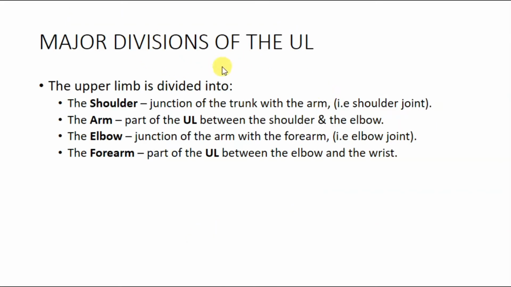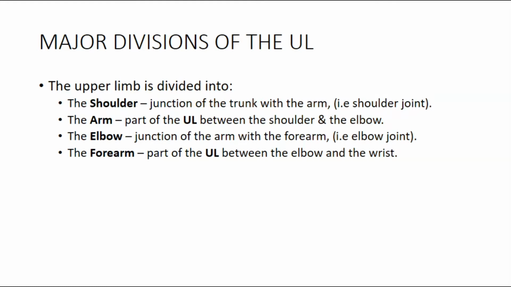The major divisions of the upper limb: we have the shoulder, the junction of the trunk with the arm, or the shoulder joint, sometimes called the glenohumeral joint. We have the arm, the part of the upper limb between the shoulder and the elbow. Then we have the elbow, which is the junction of the arm with the forearm, or the elbow joint. Then we have the forearm, which is the part of the upper limb between the elbow and the wrist.